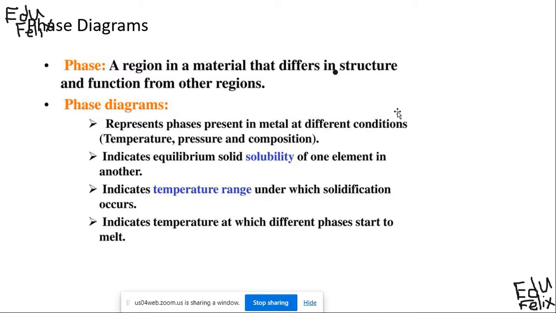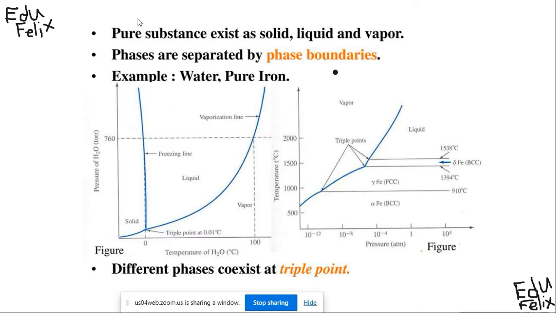It indicates equilibrium solid solubility of one element in another, and indicates the temperature range. You can identify up to what level it exists. Then a pure substance exists as solid, liquid and vapor. This is a kind of phase diagram. If someone has some experience with that, you also know it, right?